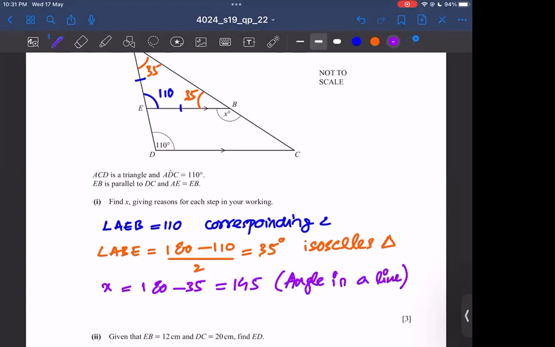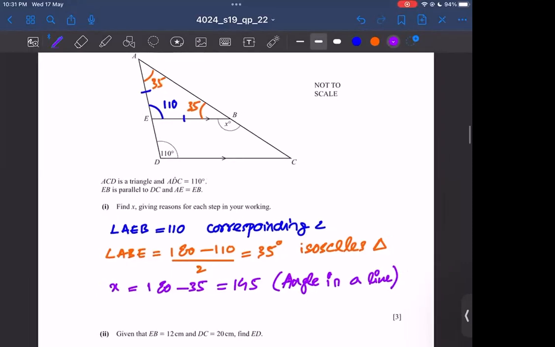Okay. Given that EB is 12, they're telling us that this EB value is 12. DC is 20. Find ED. They're asking you to find the value of ED.